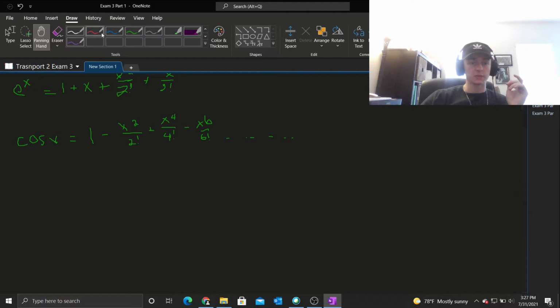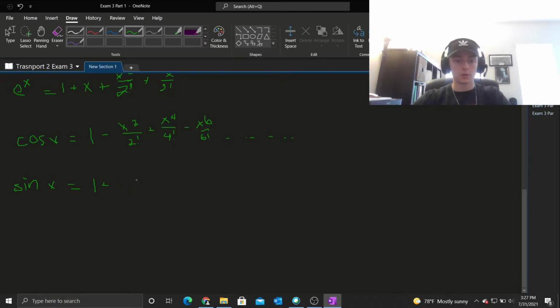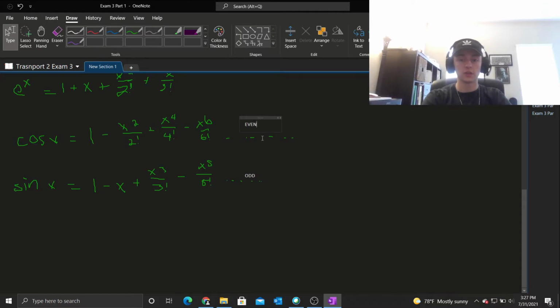For sine of x, we have x minus x cubed over 3 factorial plus x to the 5th over 5 factorial, and this continues on. Sine has the odd terms, and cosine has all the even terms.